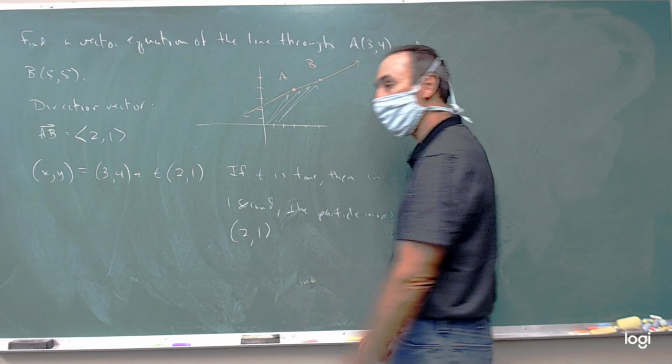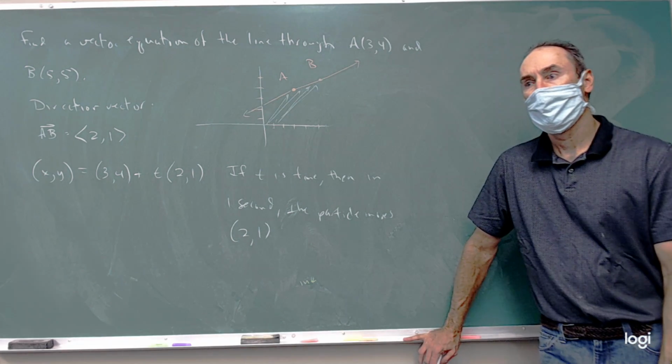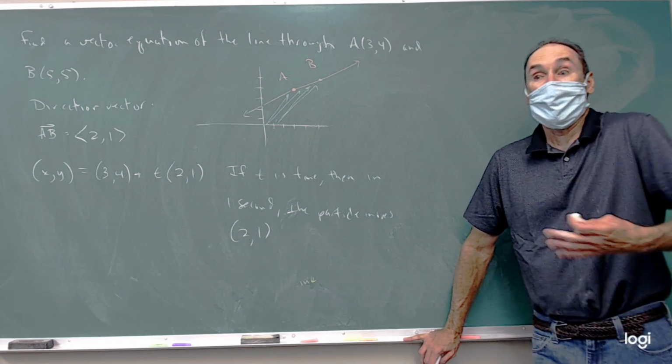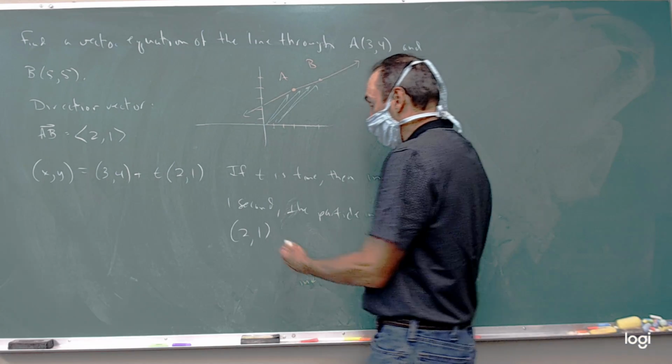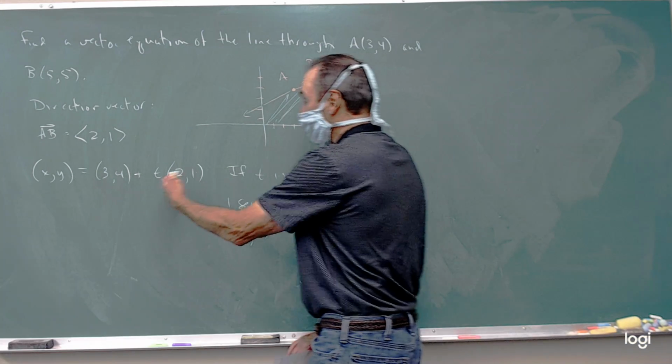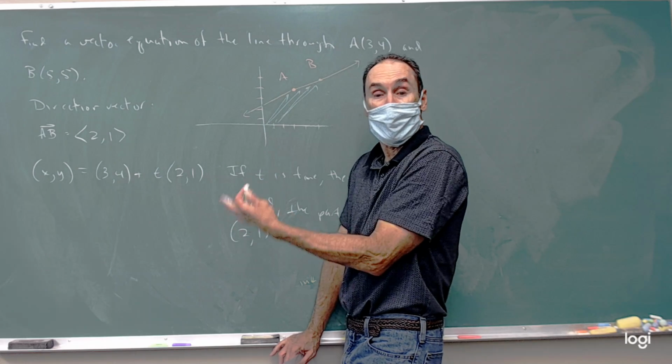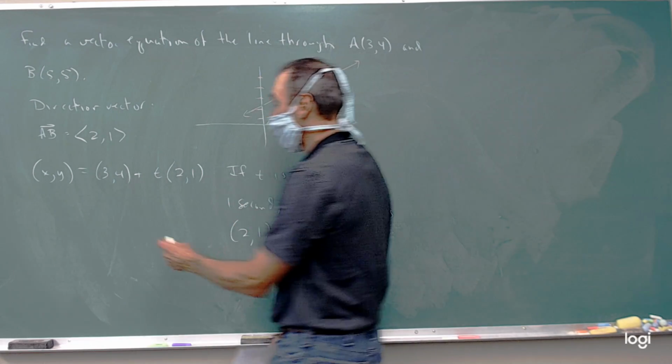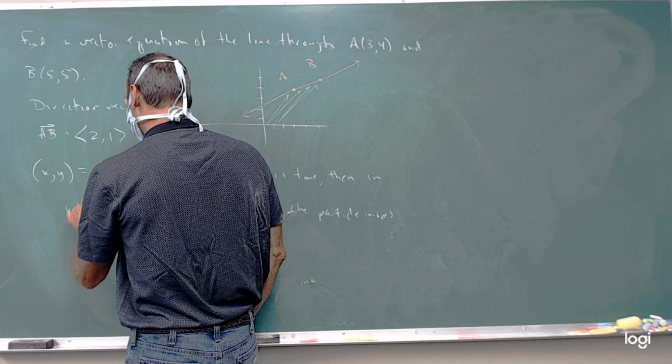It moves 2 to the right and 1 up. Does that make sense? So in that case, besides being its direction vector, this 2, 1 for this particle motion idea would be the velocity vector.